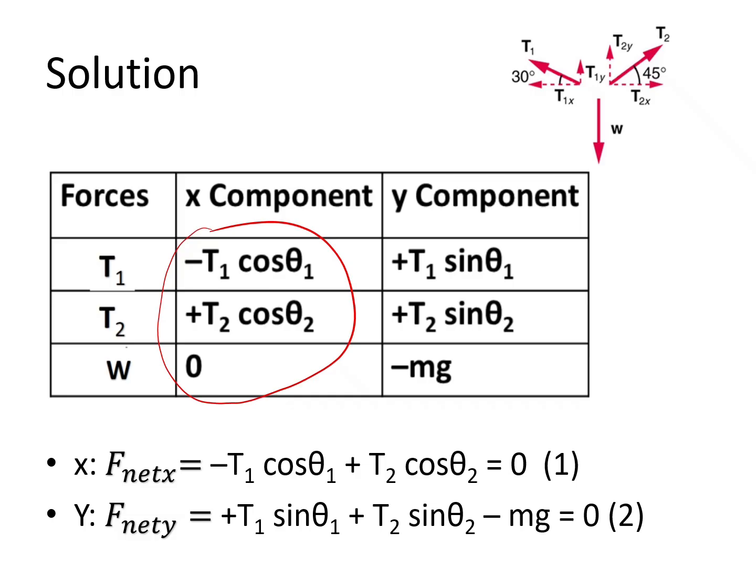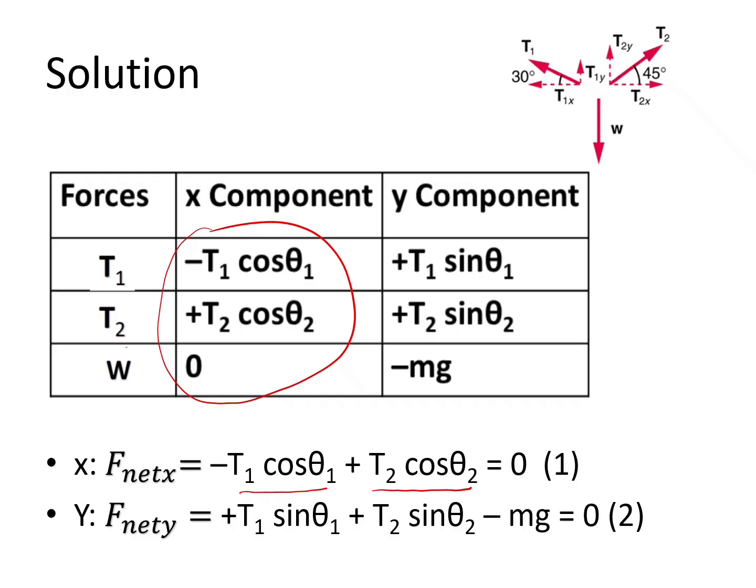So we get negative T1 cosine theta 1 plus T2 cosine theta 2 plus this 0, which is not shown here, equals 0. This is the equilibrium condition in the x direction, our equation number 1. And we do the same thing in the y direction.